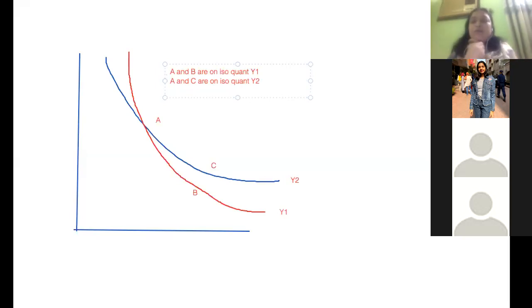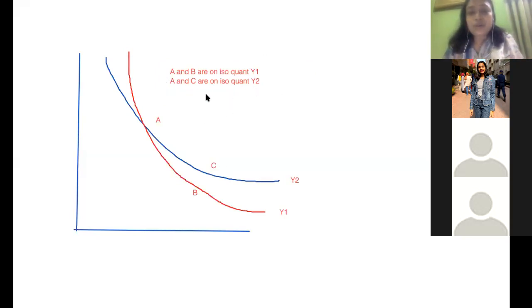Now Y1 and Y2 are two different isoquants, where output Y2 is greater than Y1 because Y2 is a higher isoquant. If the two isoquants intersect, then we can see that A and B are on isoquant Y1. That means A and B are producing the same level of output, so the different combinations of labor and capital in A and B respectively are generating the Y1 level of output.